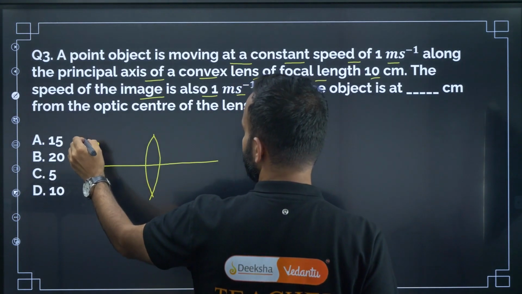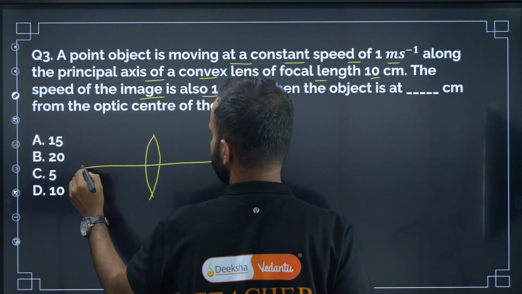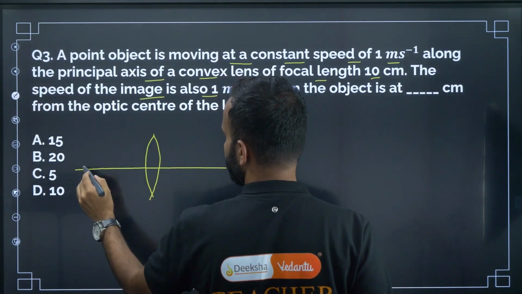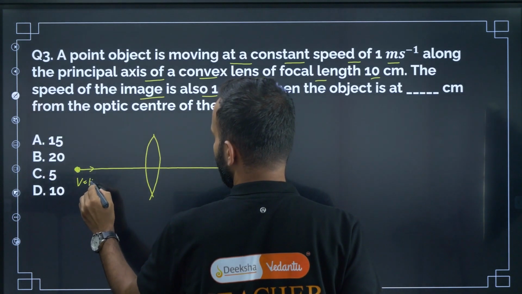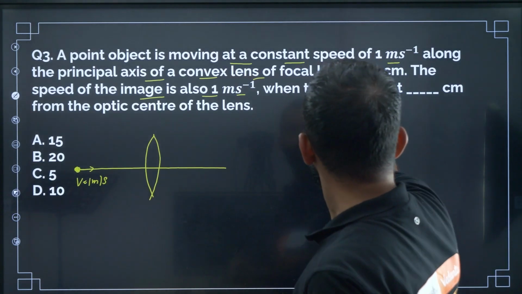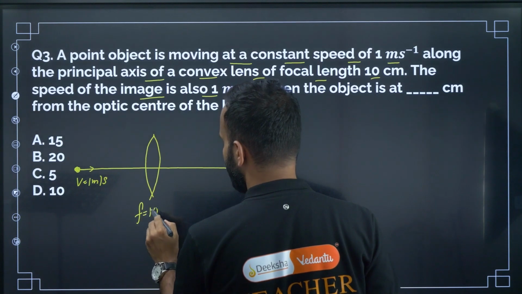So the velocity of the point object is 1 meter per second. The focal length of this convex lens is 10 centimeter.